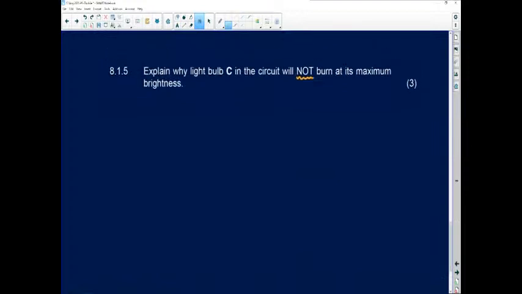So in this case, I'm going to stick with this formula. P is equal to V squared over R, since power was one of my given sources. So remember, I'm going to say it out in mathematical terms as well.